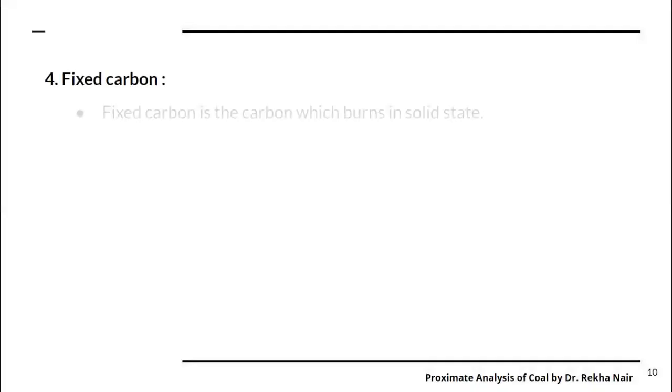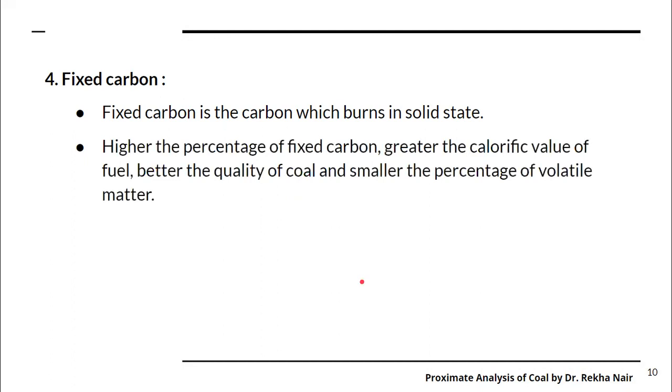What about fixed carbon? Fixed carbon is carbon which burns in the solid state. So the higher the percentage of fixed carbon, the greater the calorific value of the fuel, meaning more energy will be released upon burning the coal. So better will be the quality of the coal.